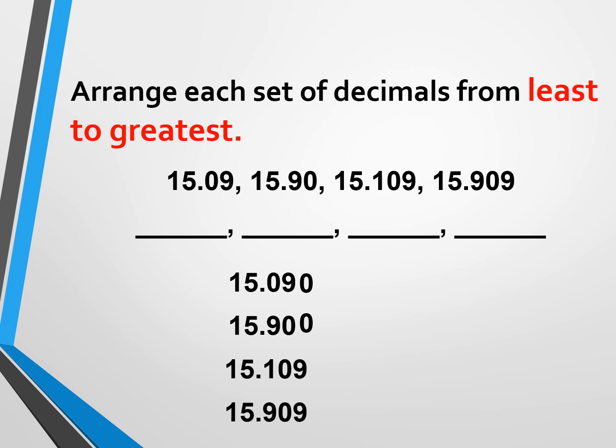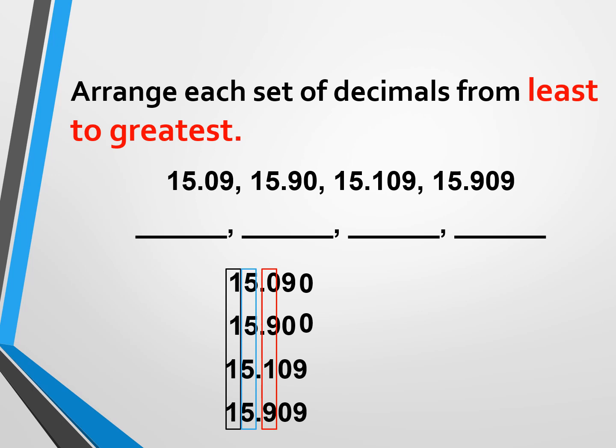So let's compare from the leftmost. They have 1. All of them are 1. So we will proceed to the next. They have all 5. And the next place value, we can already see that we have 2, 9 and 1, 1 and 1, 0.